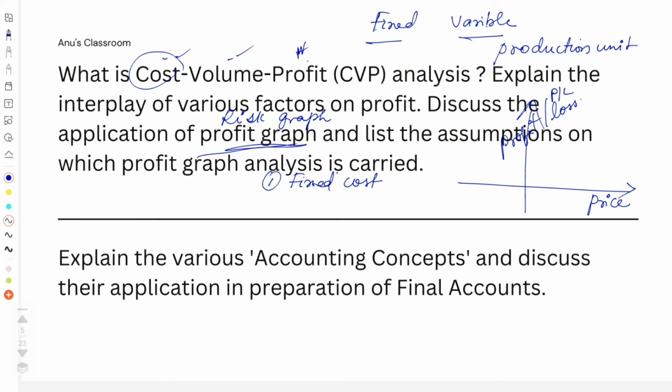Cost linearity is preserved over the relevant range, and revenues are also considered constant per unit. Next, the business has a constant product mix and produces only one kind of product.